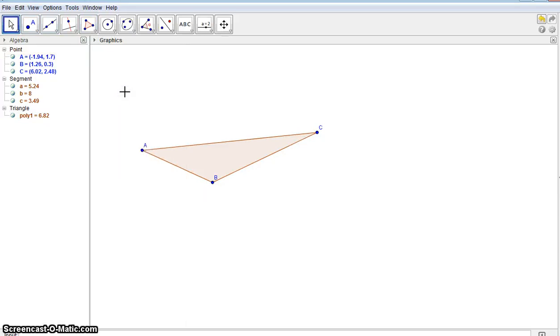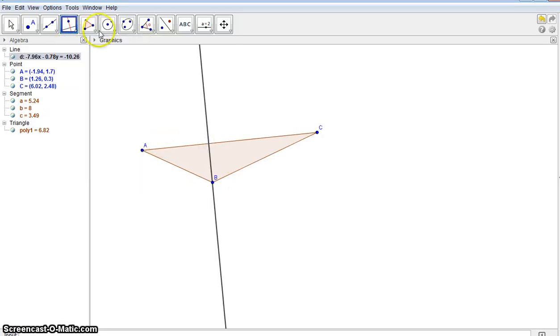In order to create an altitude, I need the line through a vertex that is perpendicular to the opposite side. Well, for the obtuse angle, that's easy. The altitude is going to land inside the triangle. Altitude, just another word for height. The height is going to land inside the triangle. So there is the height from vertex B.